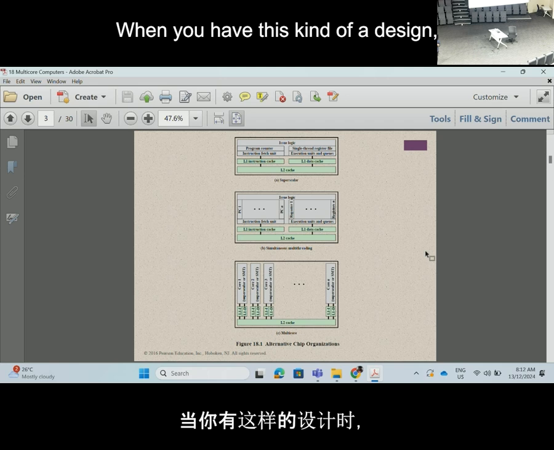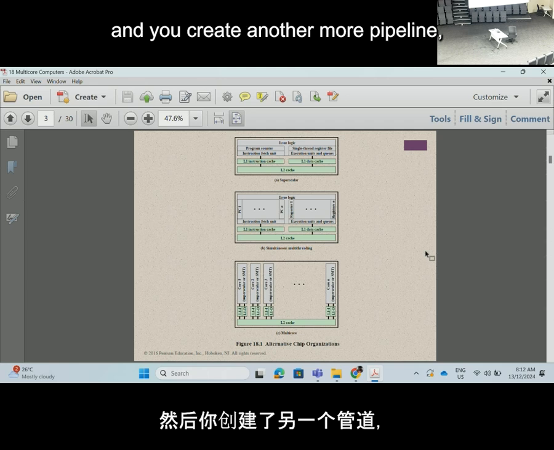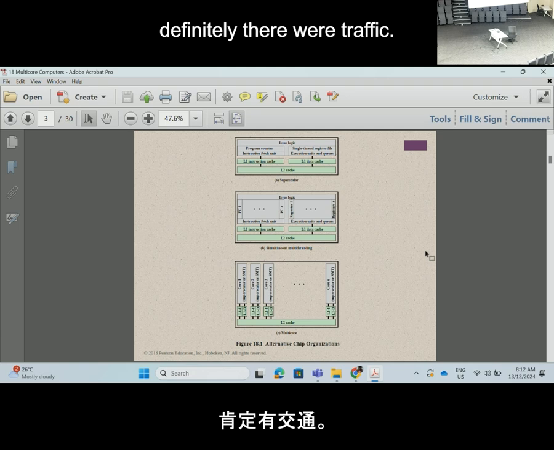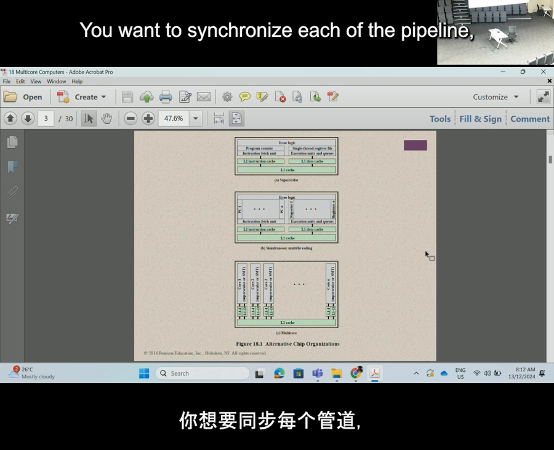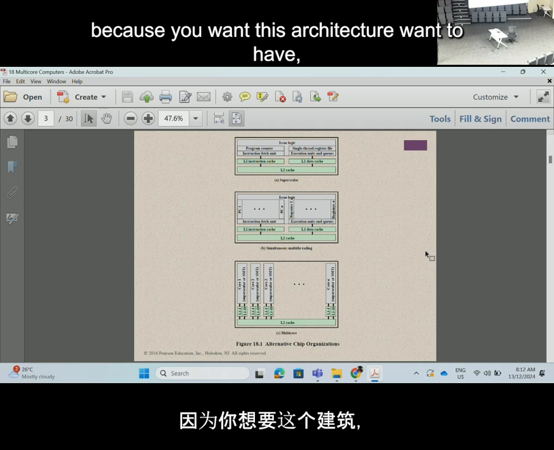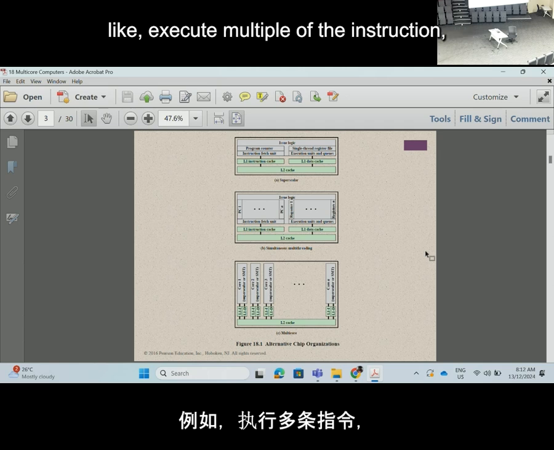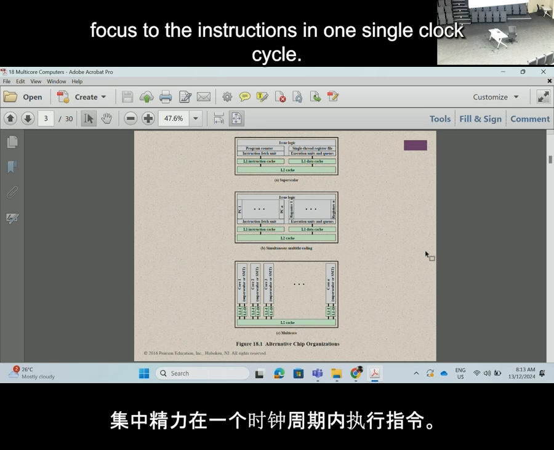When you have this kind of design and you create more pipelines, definitely there will be traffic, inter-parallelism. You want to synchronize each of the pipelines because this architecture wants to execute multiple instructions in one single clock cycle.